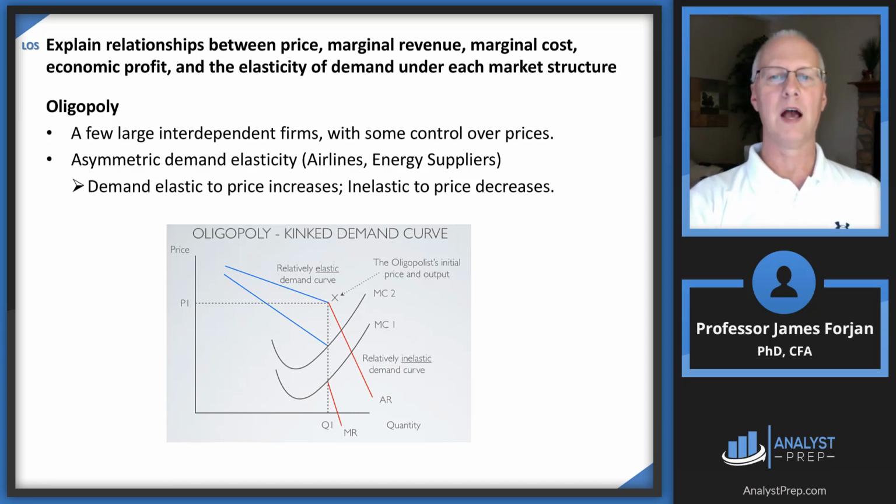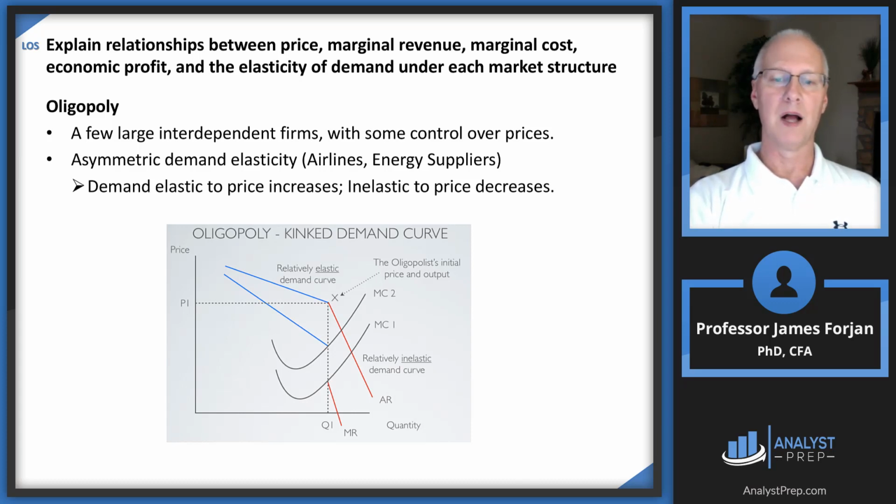So I want you to look at the top right portion of the graph where it is blue leading up to the X. That's where the demand curve is fairly elastic. Notice that the slope is kind of flat. And then after the X, it steeply slopes downward. That's relatively inelastic. So the oligopolist faces a kinked demand curve.